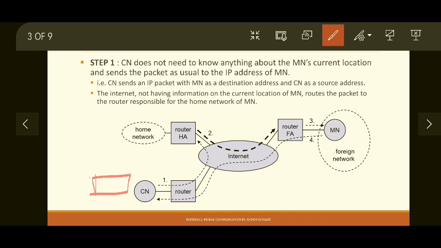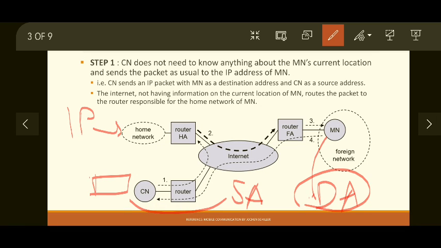Now an IP packet has fields such as source address and destination address. The source address of this packet will be the address of CN and the destination address is the address of MN. Now the address of MN is the IP address of the mobile node in the home network. So an IP address belonging to the home network will be put as the destination address for the packet.